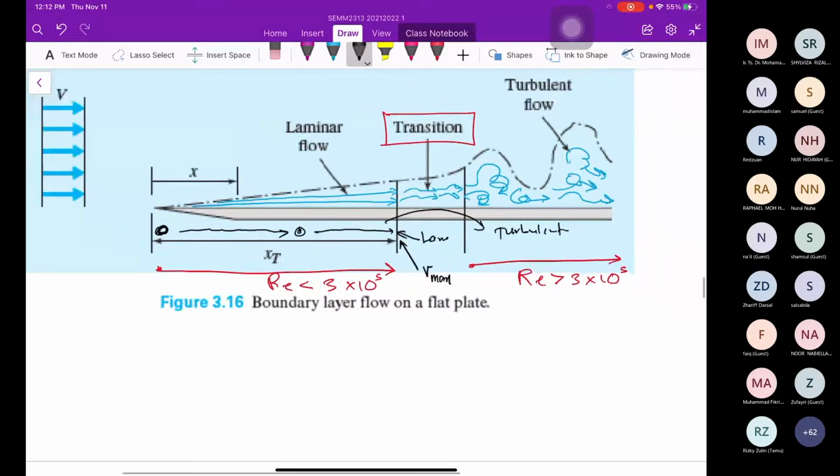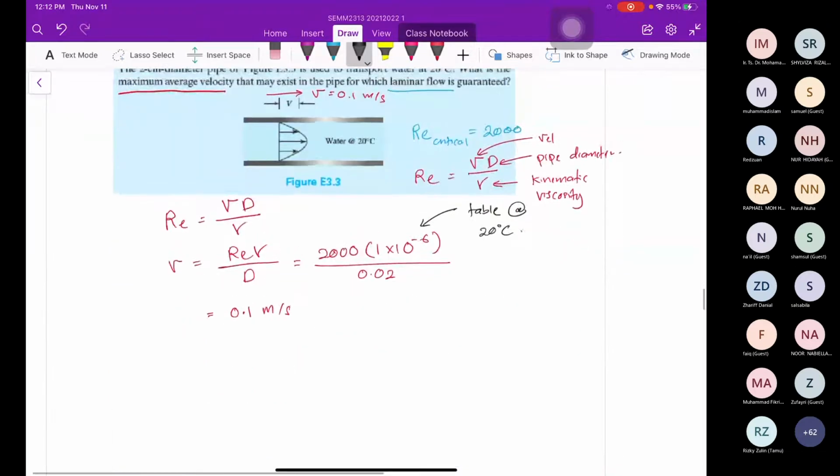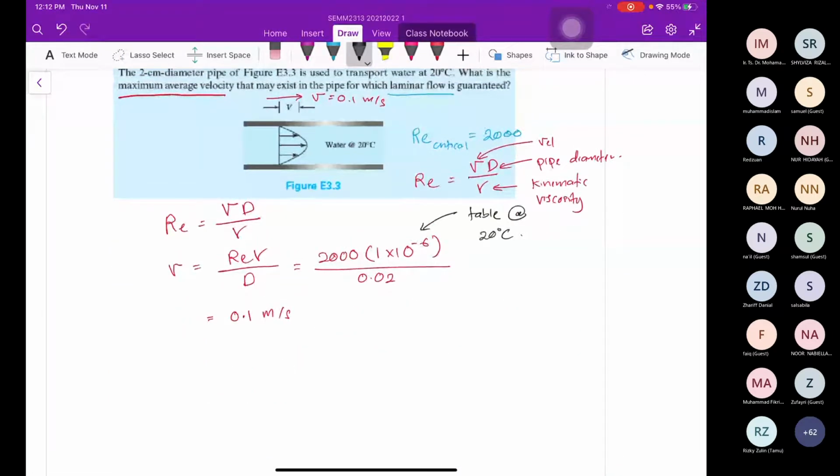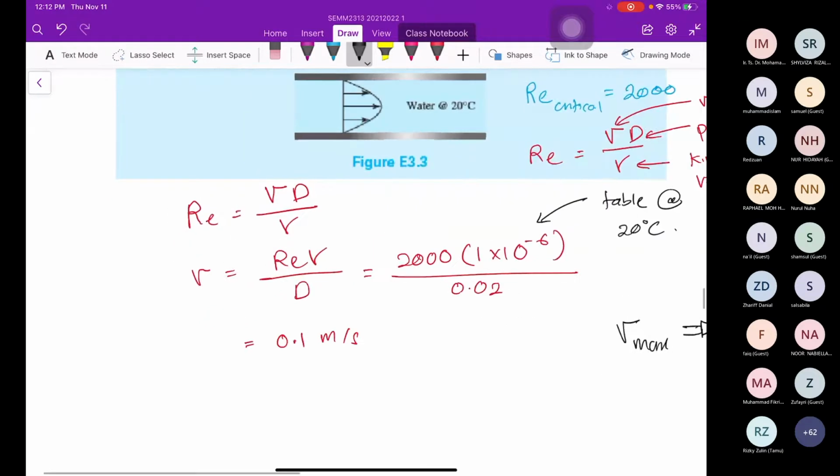This V max directly relates to the critical Reynolds number. So the Reynolds number critical equals V max D over nu.